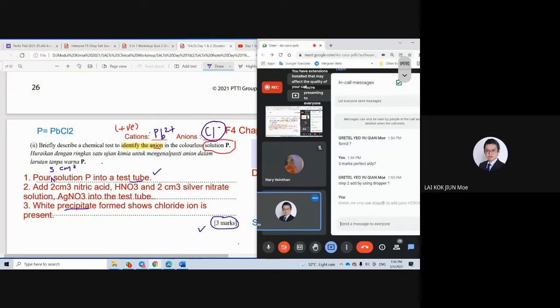Here no need, you just simply add. You don't need to use a dropper. A dropper is very specific because we don't want so much. We want 5 drops only, because for the concentrated sulfuric acid we don't want so much. We use a dropper. But nitric acid no need. You can just measure by using a measuring cylinder and add it inside.